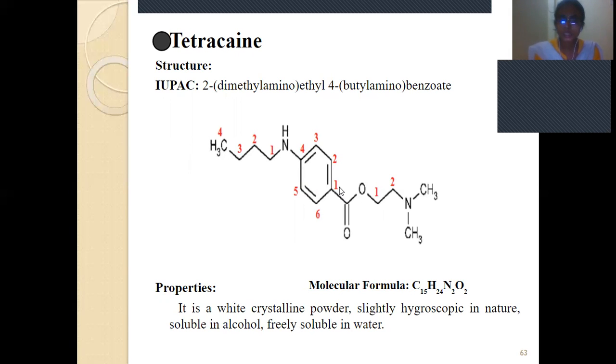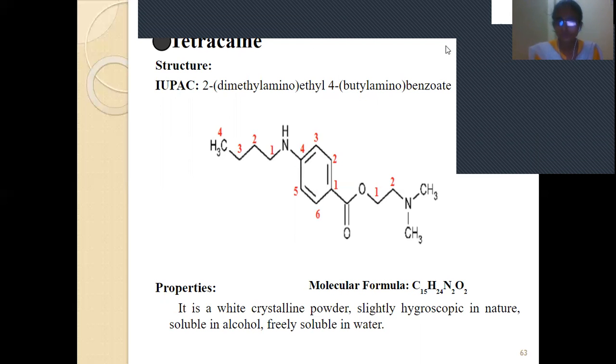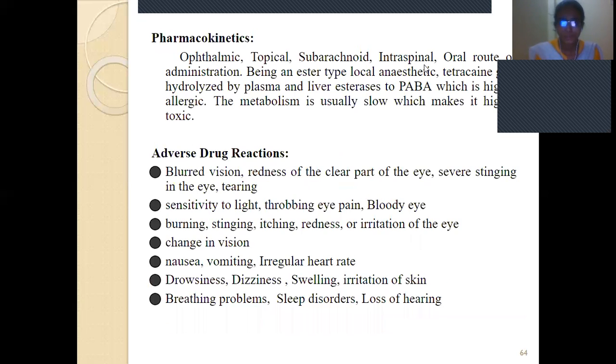And the properties are: it is a white crystalline powder, and it is hygroscopic in nature, meaning it can easily absorb moisture from the atmosphere when exposed, and it is also freely soluble in water. In pharmacokinetics, it is given by ophthalmic, meaning eye, topical, intraspinal and oral routes of administration. It is an ester type local anesthetic.